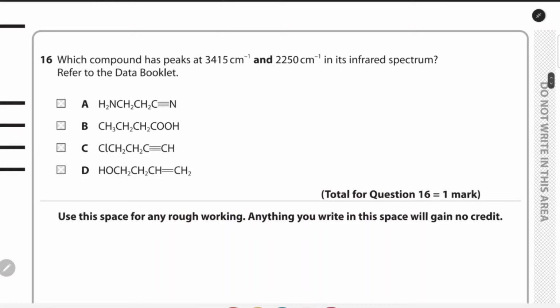Now on to question 16. We have to refer to the data booklet and find which compounds have a peak at 3415 and 2250. If we look at the infrared spectrum, this peak over here at 2250 is for a triple bond. This peak at 3415 is for an OH or NH bond.